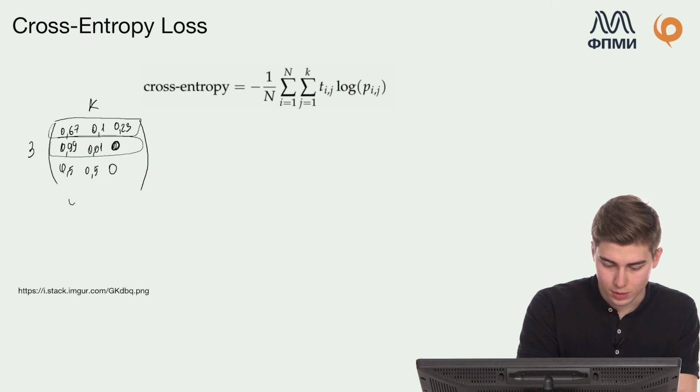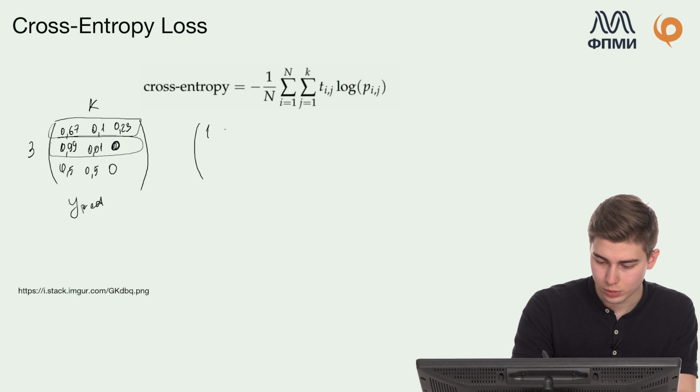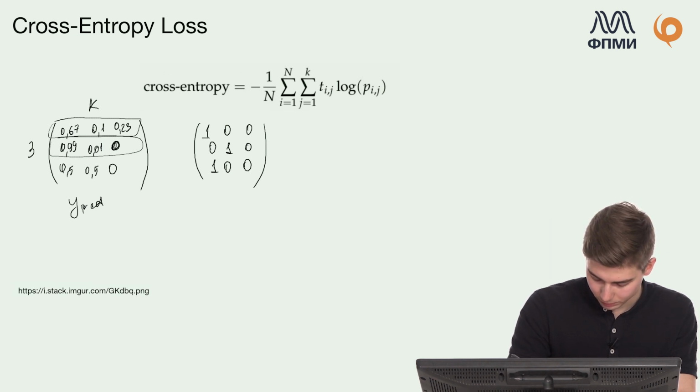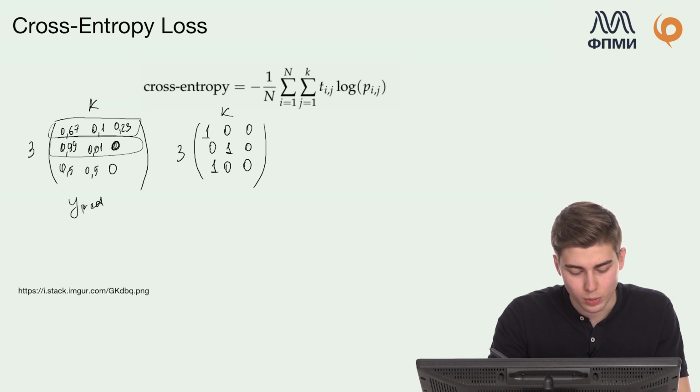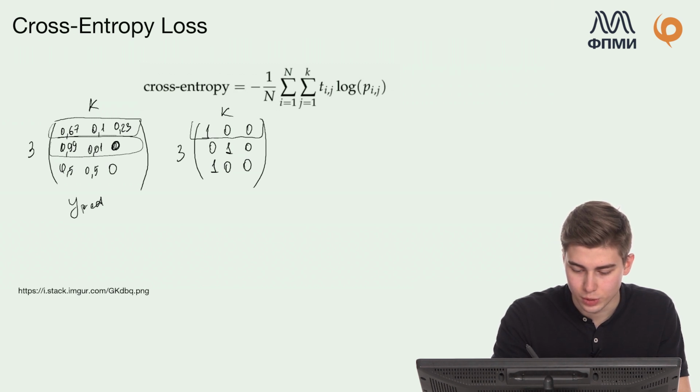And this is the predicted, and we have the true labels. So it's a supervised learning task. Now we want to train our network. We want our predicted distribution for each object to match the true distribution for this object. So we want these rows to be equal.